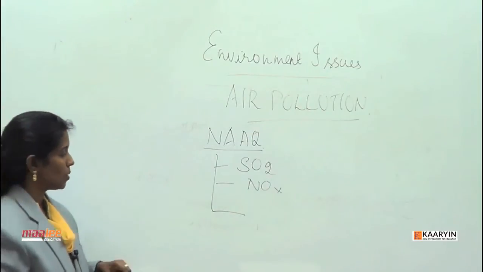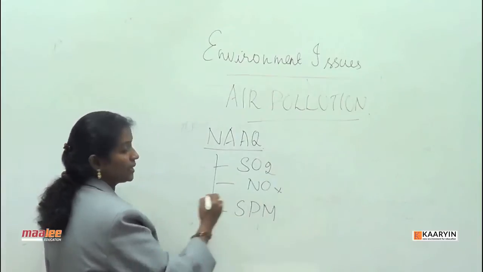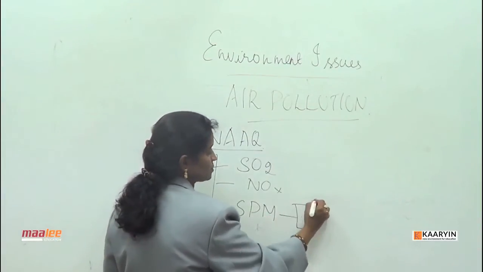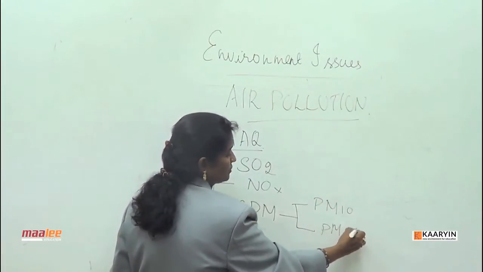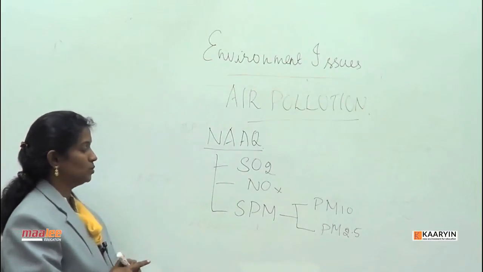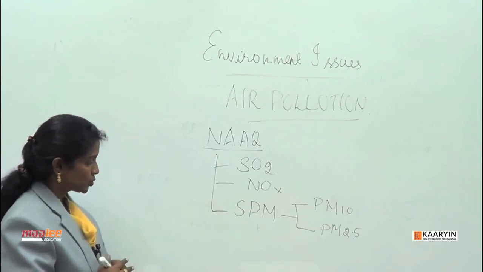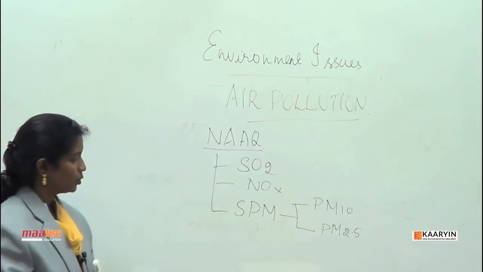Apart from that, what is common in India is SPM, suspended particulate matter. There are two types in it, PM10 and PM2.5. These are two different particulate matters present in the air. SO2 and NOx are primary air pollutants. Then we have SPM, and apart from these we also have some secondary pollutants.